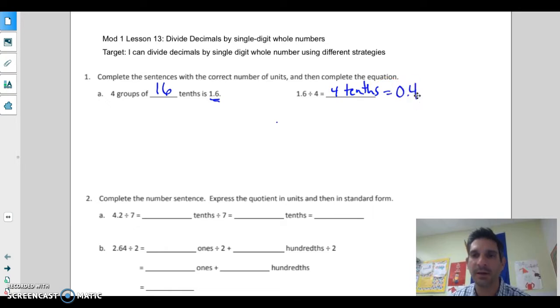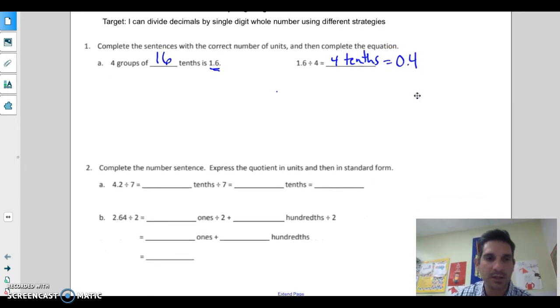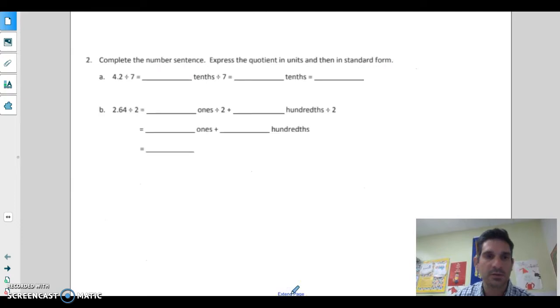All right? So look at 2a. 2a says, okay, so how many tenths do I have total? I have 42. Right? So 42 tenths divided by 7 is, well, what's 42 divided by 7? 6.